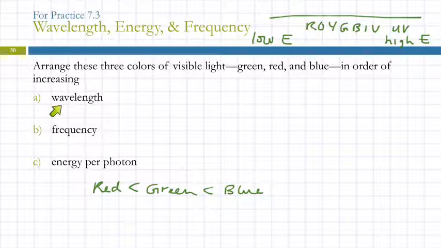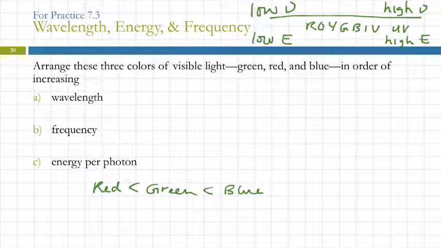Well, what about frequency and wavelength? I need to identify which end is high frequency, which end is high wavelength. So I think about water at the beach. It's a nice thing to think about. High energy would be waves crashing more frequently. So high energy is going to be high frequency. Low energy is low frequency.